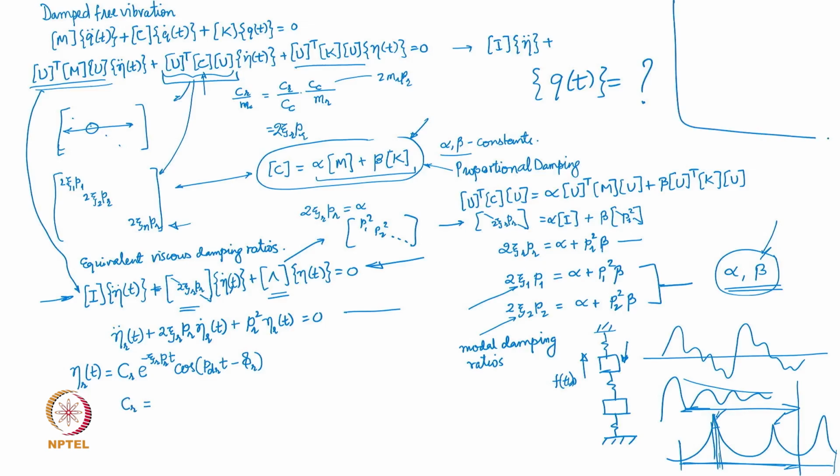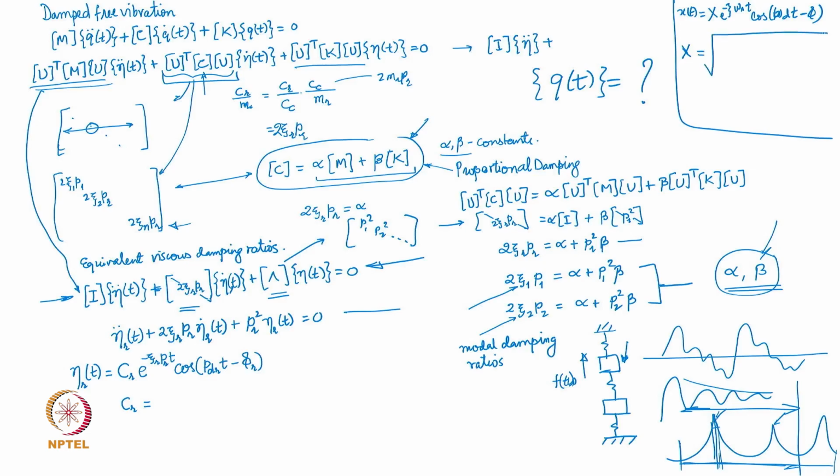Again, let me recall the expression for x of t in the simple single degree of freedom system. This was written as e to the power minus zeta omega n t cos omega d t minus phi, right? So this capital X, which is the amplitude, was what?